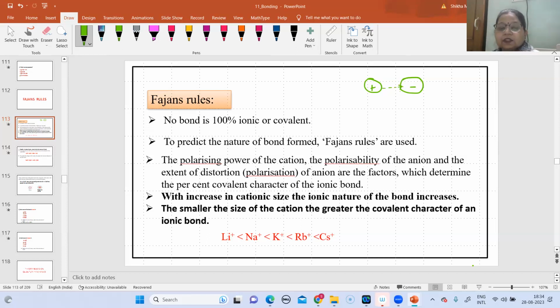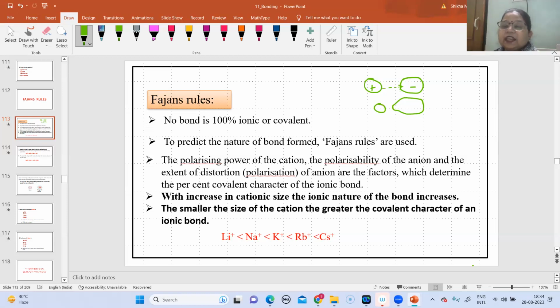So what happens? The polarizing power of the cation, the polarizability of the ion. This negatively charged cloud starts moving in this direction. It distorts, right? And the cation is attracted towards it.